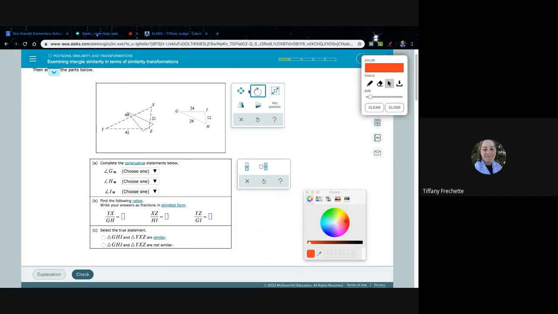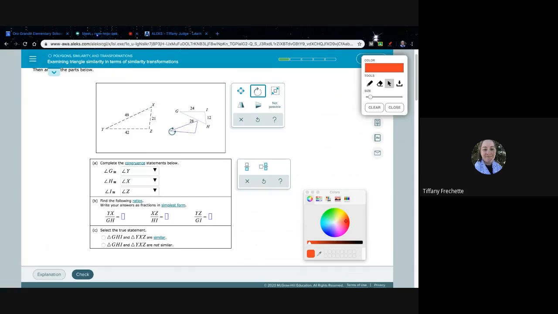And the reason I'm doing that is because now I have G, H, I, and I know G is going to go to Y, Z is going to go to H, and I is going to go, oh no, I'm sorry, I is going to go to Z. I said that wrong. H is going to go to X. I was picturing that wrong.